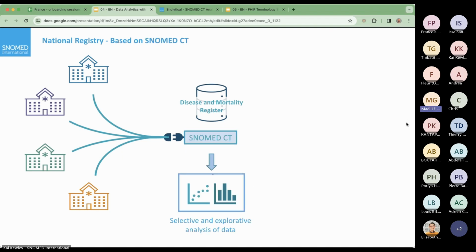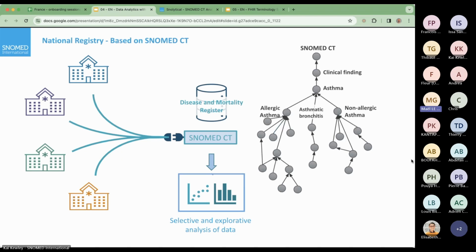Another approach that we're seeing increasingly is to have national registries based on SNOMED CT, particularly for disease and mortality. Obviously, SNOMED allows you to do selective and explorative analysis of data. You could be more granular.